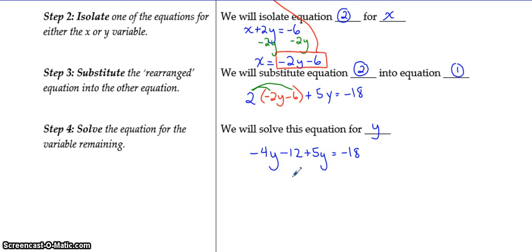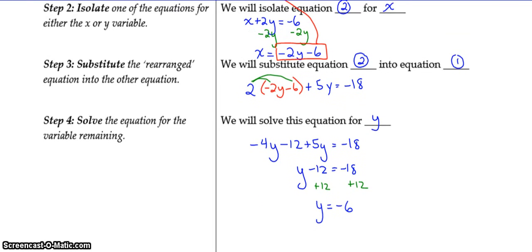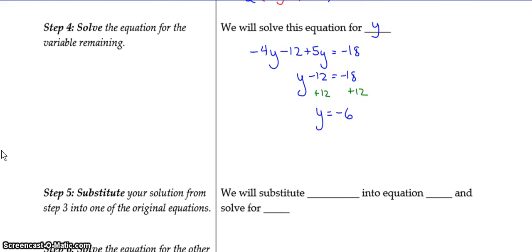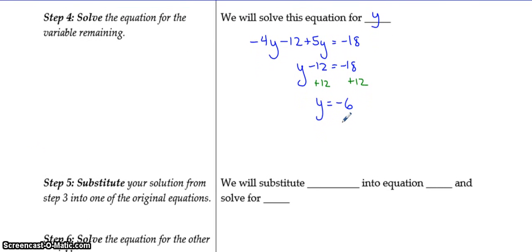Negative 4y plus 5y is 1y. Now add 12 to both sides, and that will give you y equals negative 6. So that's the y coordinate of your point of intersection.